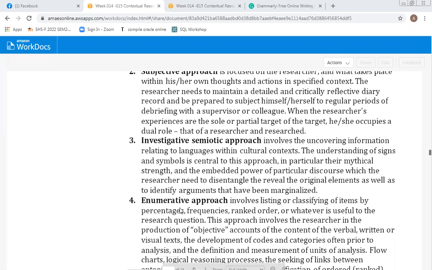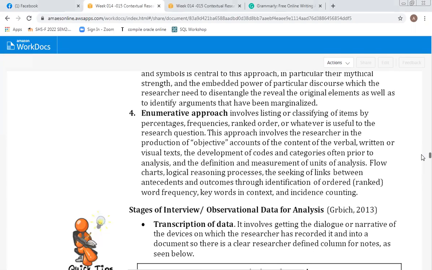Okay? Number 4, enumerative approach involves listing or classifying of items by percentages, frequencies, ranked order, or whatever is useful to the research question. This approach involves the researcher in the production of objective accounts of the content of the verbal, written, or visual text.